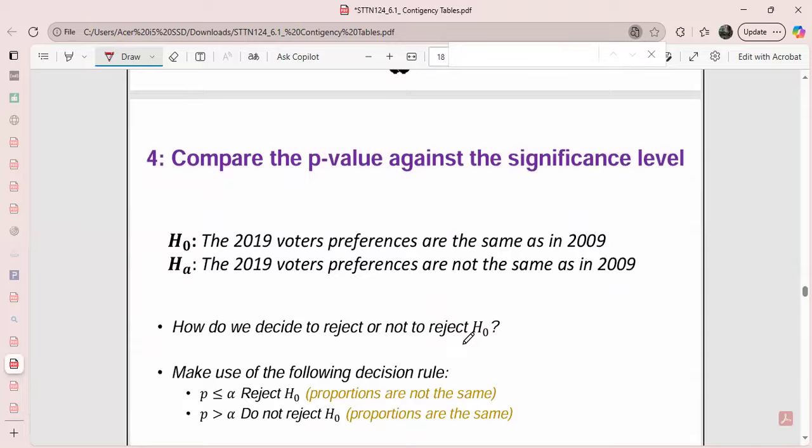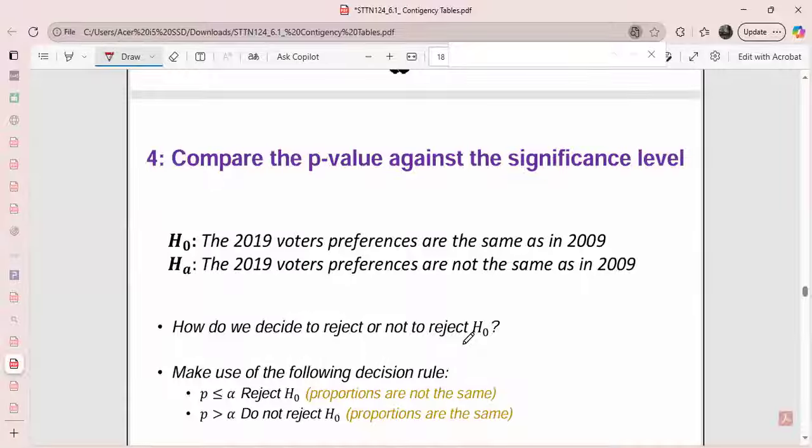Remember, we said that the null hypothesis says the proportions are the same. The alternative says the proportions are not the same. If the p-value is less than alpha, you reject the null hypothesis, which means the proportions are not the same, because you rejected the statement that the proportions are the same.